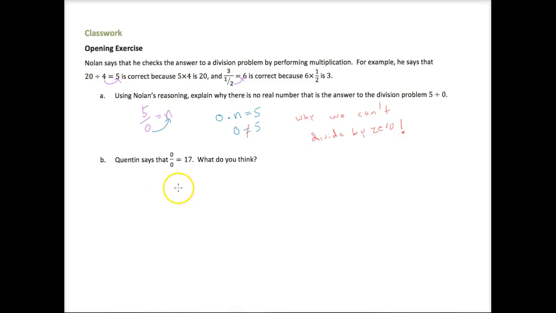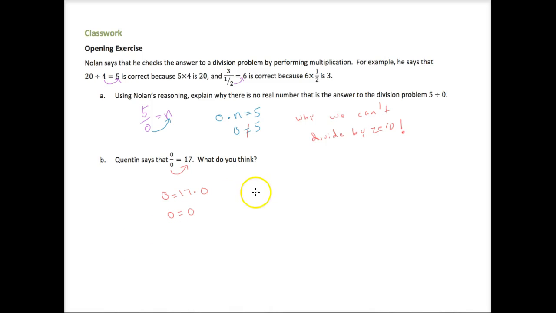Quentin says that 0 divided by 0 is 17. What do you think? Well, if we take the same philosophy and we say 0 times 17, what we get is 0 equals 17 times 0, which does give us 0 times 0. So if we really wanted to argue about it, that would come out true.